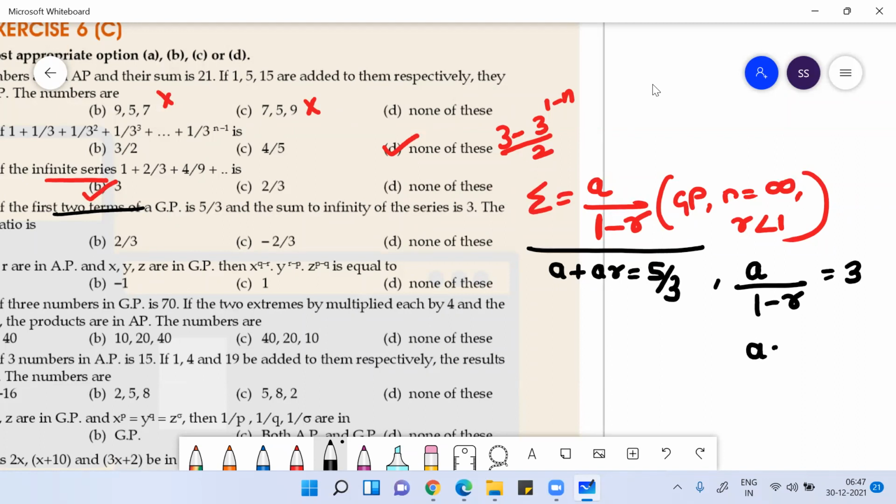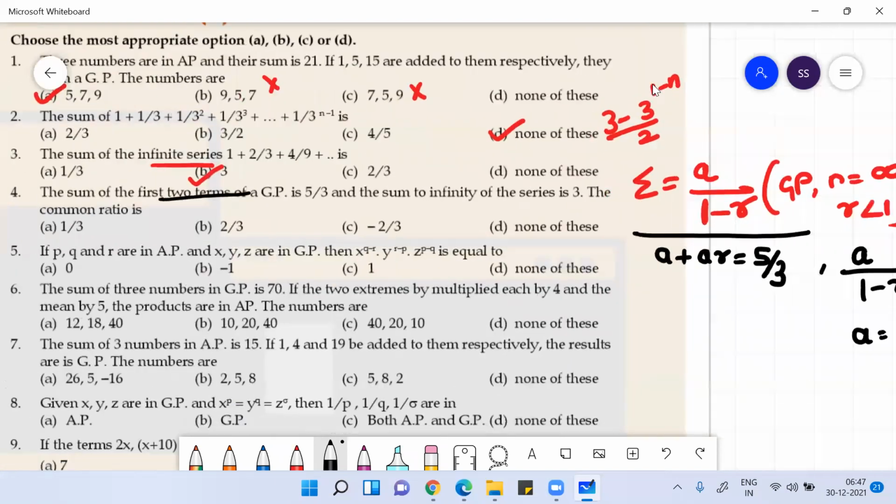So I can write A is equal to 3 minus 3R. In place of A, if I write 3 minus 3R, I can get the value.